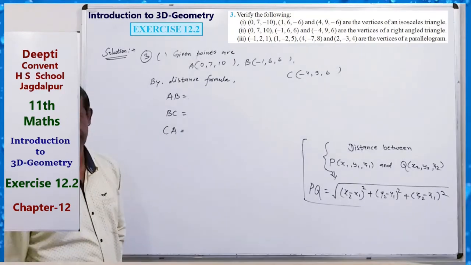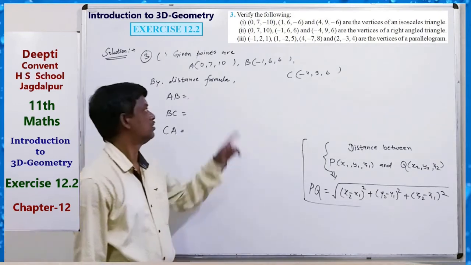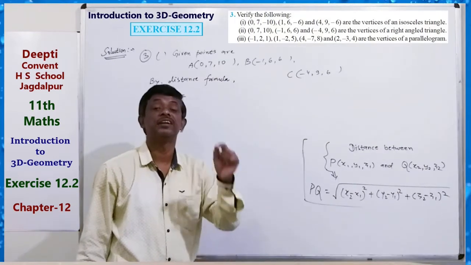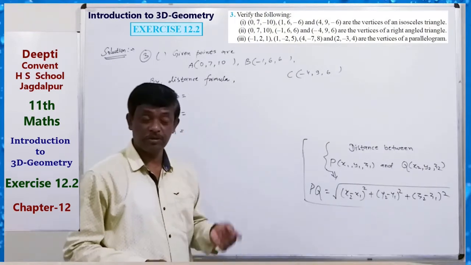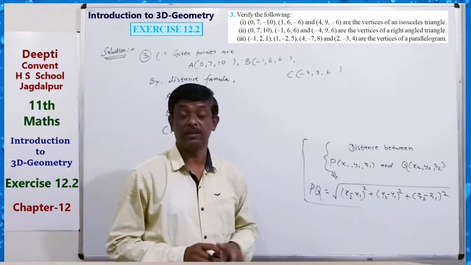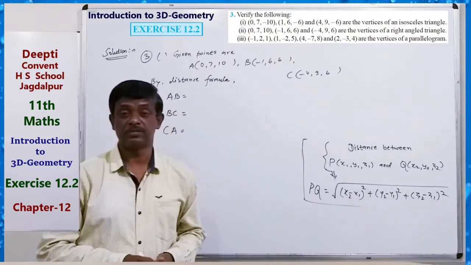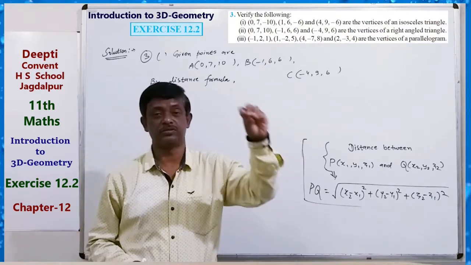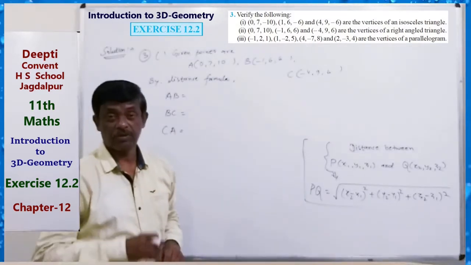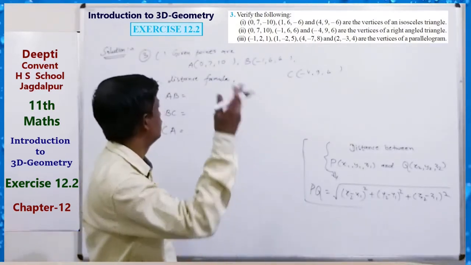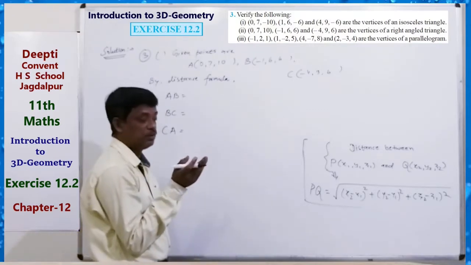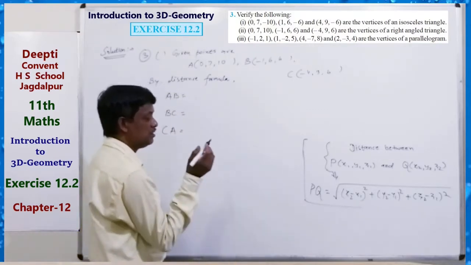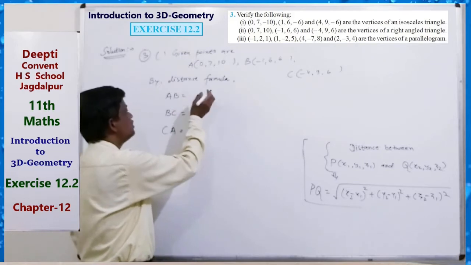These are the points, and we have to show that these are the vertices of a right angle triangle. For a right angle triangle, you know the Pythagoras theorem. In a right angle triangle, the Pythagoras theorem says the square of one side is equal to the sum of the squares of the other two sides. Here we just find the values of AB, BC, CA.